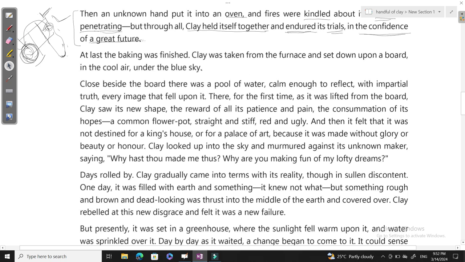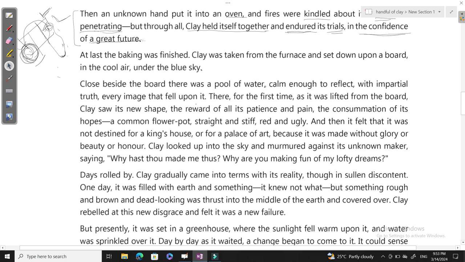open place. Close beside the boat there was a pool of water. After that, now the pot looks around. What happens? Close beside the boat there was a pool of water, calm enough to reflect with impartial truth every image that fell upon it.